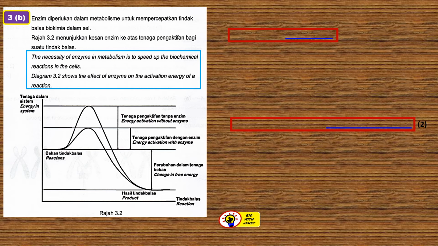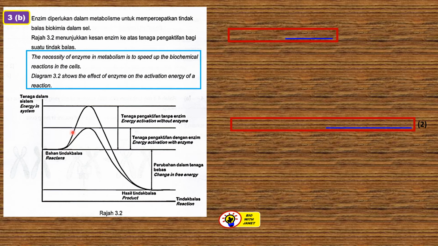Question 3b. The necessity of enzymes in metabolism is to speed up the biochemical reactions in the cells. Diagram 3.2 shows the effect of enzymes on the activation energy of a reaction. This is an energy diagram which shows you the energy in the system against the reaction pathway. At first the substrates are at this level of energy.